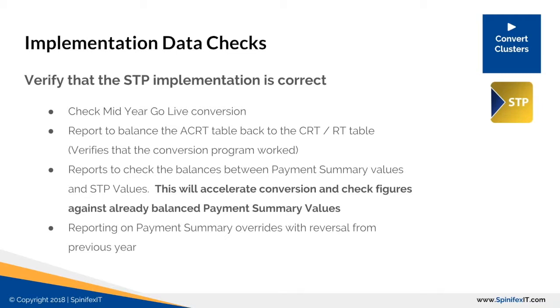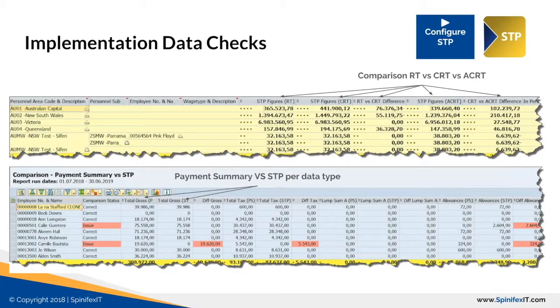Are they comparable? Have you got some reconciliation items that you need to refer to? Even reporting the payment summary overrides, which is an object that you need to take into consideration because they're not going to be directly transferred to single touch payroll overrides. And there's some examples. I'll just jump into the system and show you the new solution.